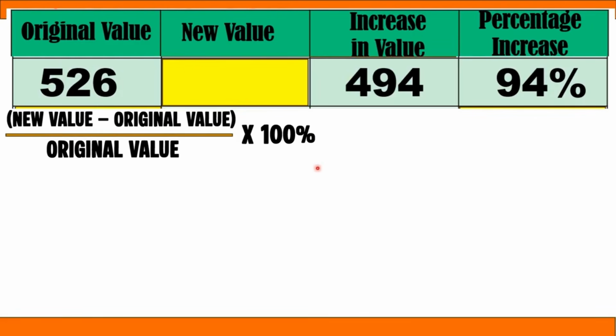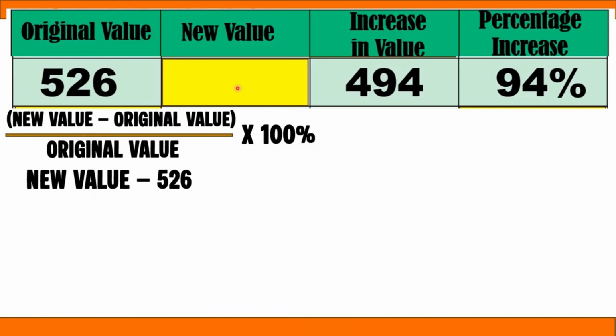Okay, now let's have the next table. In this table, our given are original value, which is 526, increase in value, which is 494, and percentage increase, 94%. Our missing value is the new value.